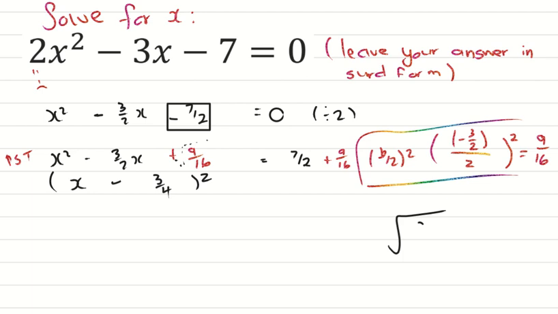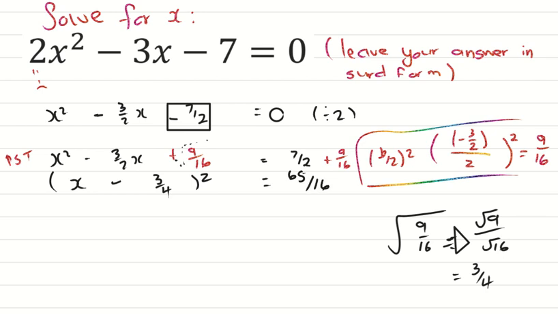So the square root of 9 over 16, we can write as root 9 over root 16. And of course, that is 3 over 4. This is a third law that you should be familiar with. So we just give the root to the numerator and the denominator. Alright, then on the right hand side, this simplifies down to 65 over 16.